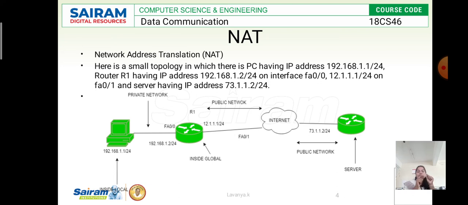When the network address translation runs out of addresses, that is, no address is left in the configured pool, the packets will be dropped, and an Internet Control Message Protocol, ICMP, host unreachable packet is sent to the destination.